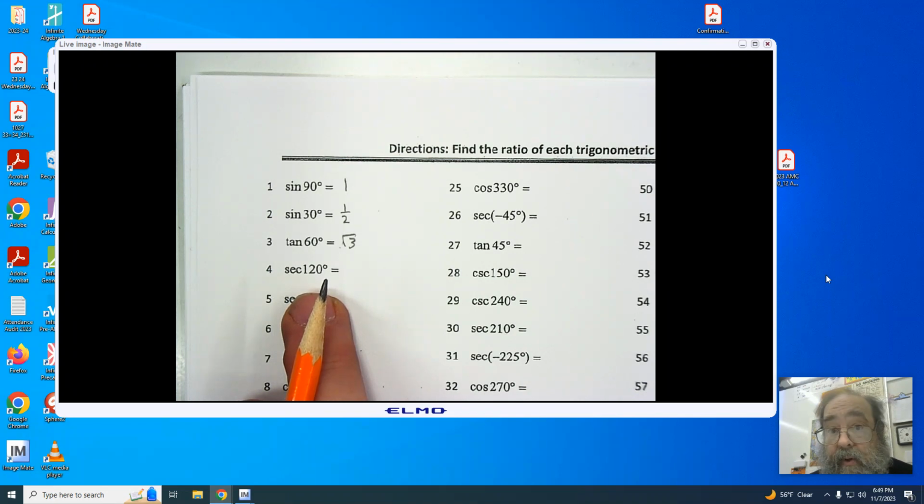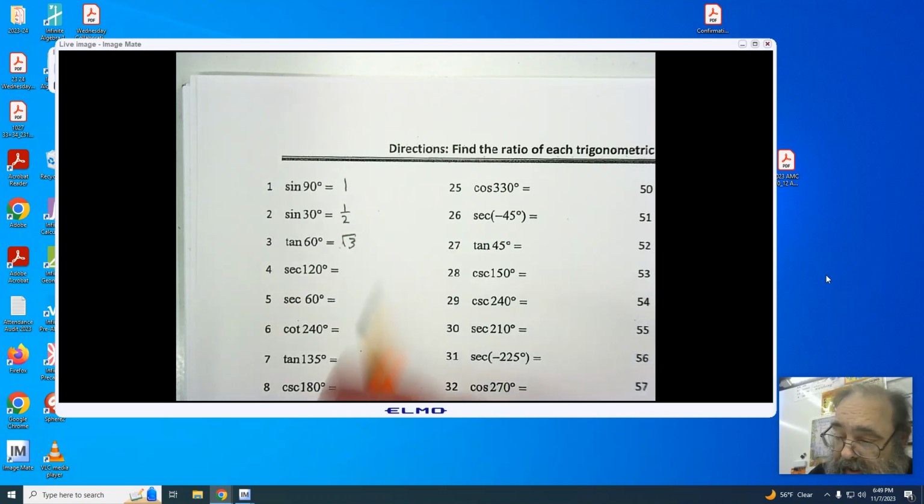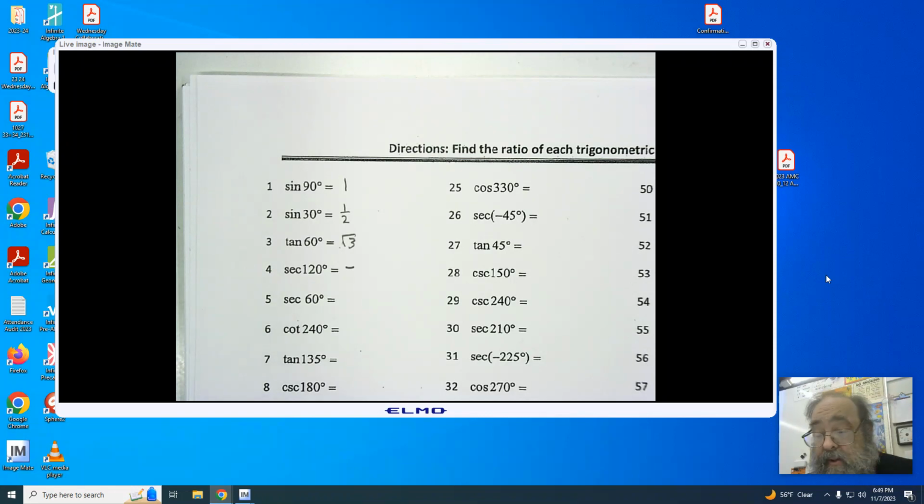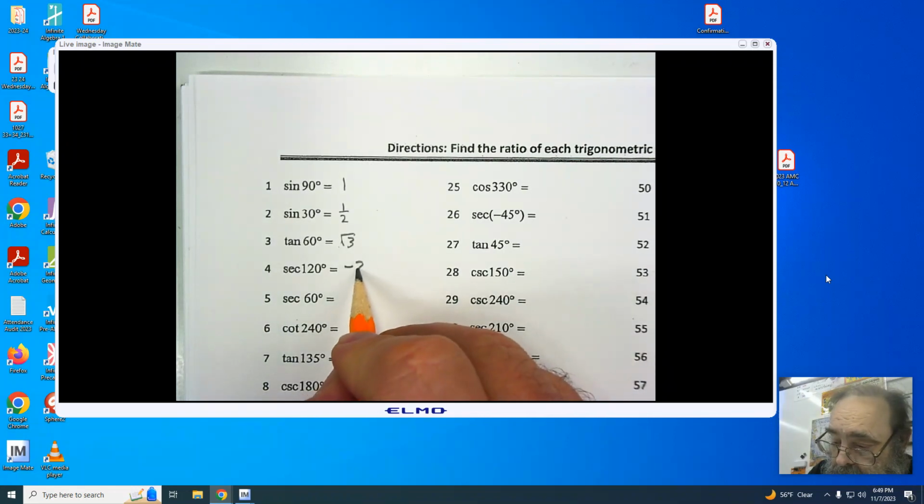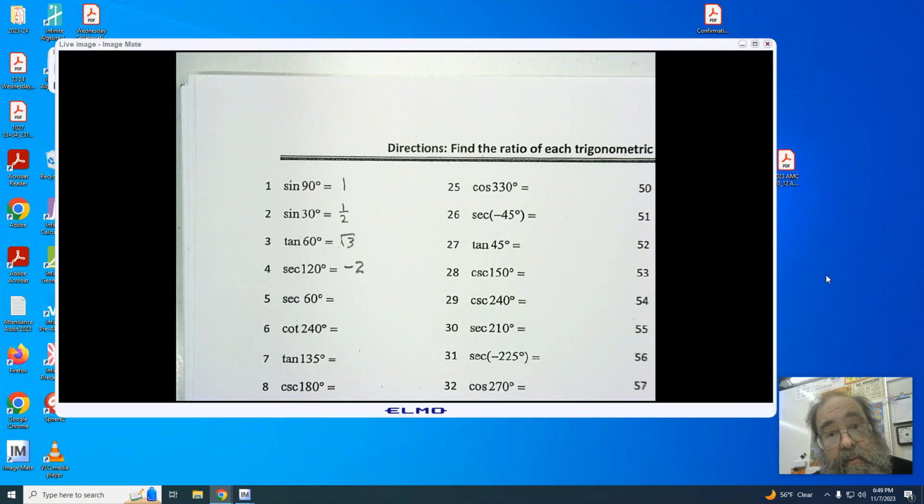In the second quadrant, the reference angle is 180 minus 120, or 60 degrees. I am therefore looking at the reciprocal of a cosine at 60 degrees in the second quadrant. In the second quadrant, the cosine is negative. The reciprocal of 1/2 flipped gives me 2. So my answer is -2.